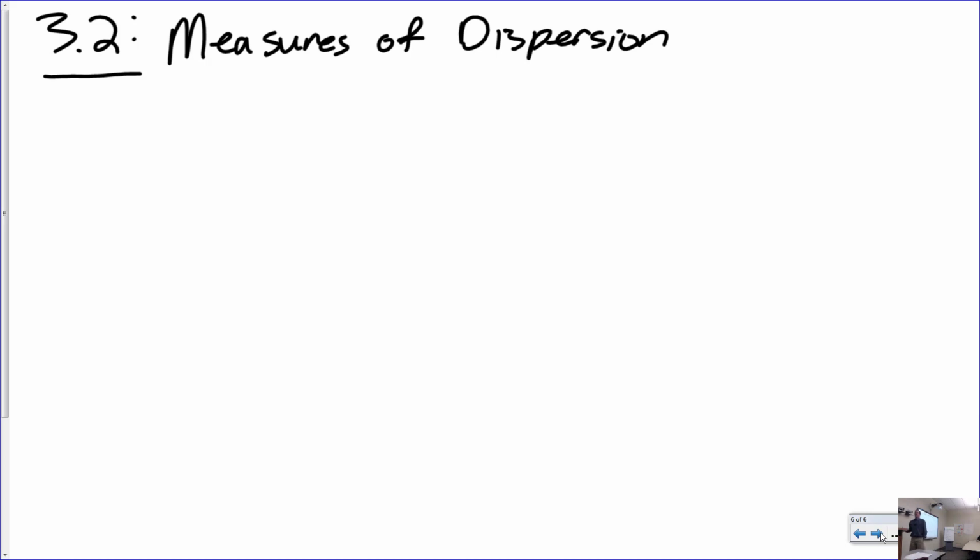Measures of dispersion. First off, what does it mean to have data that is dispersed? What does dispersion mean? Spread out. Yeah.